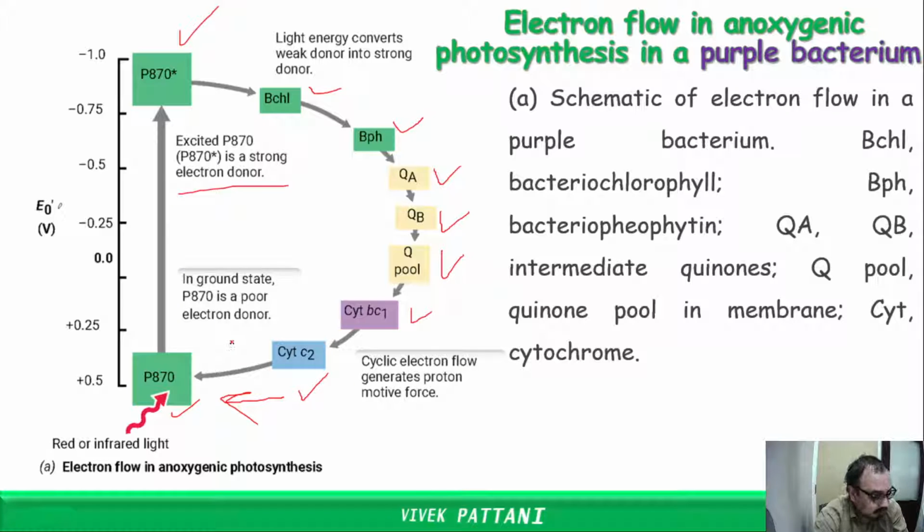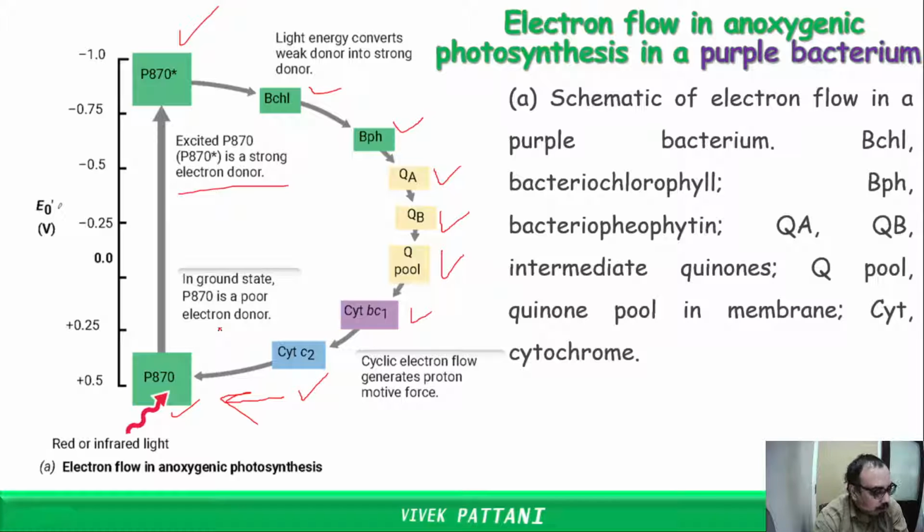But in this case, oxygen will not be produced. You need to remember this. This is the main difference between oxygenic and anoxygenic photosynthesis, and it has a reaction center of P870.